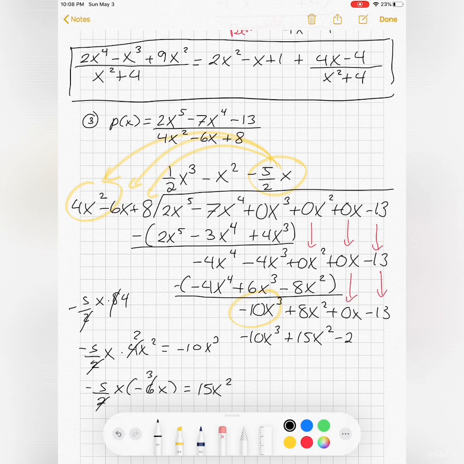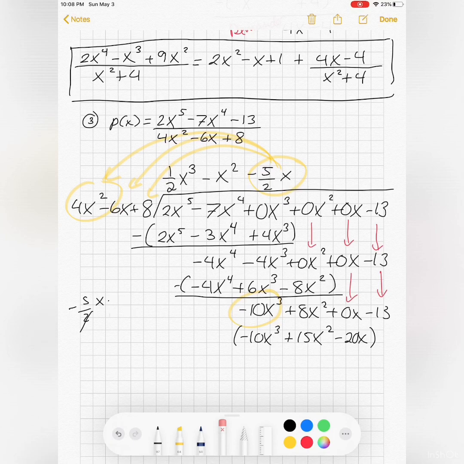That's negative 20x. So negative 7x squared plus 20x minus 13.